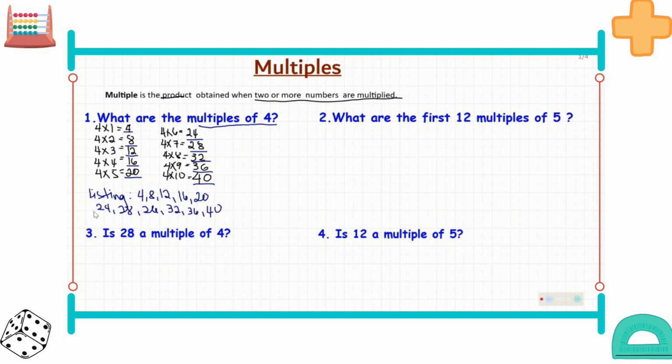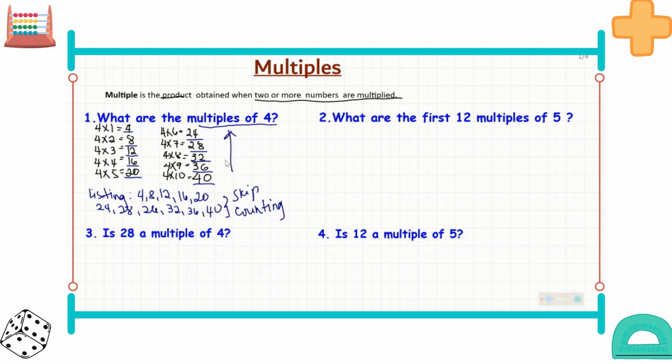These are the first 10 multiples of 4 when we do listing or skip counting. Don't forget, we can do skip counting to get the multiples of a number.